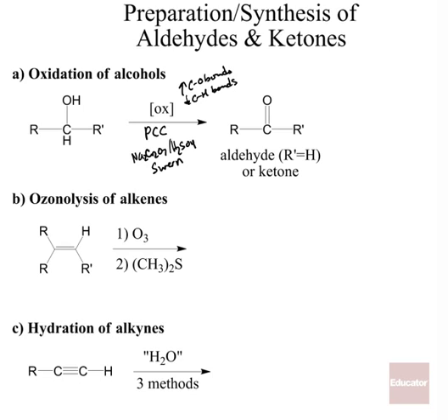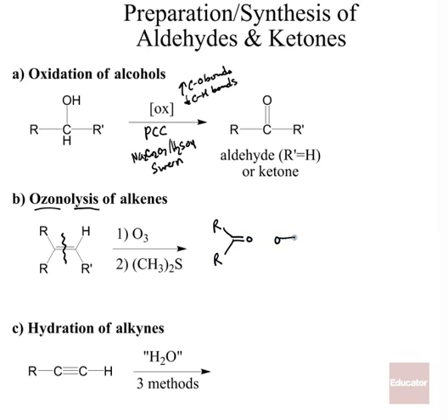Another reaction we saw that gives carbonyl compounds as products is the ozonolysis of alkenes. Ozonolysis means we react an alkene with ozone. It does a lysis; it cleaves the carbon-carbon double bond. And what does it replace the carbon-carbon double bond with? It replaces it with a carbon-oxygen double bond, a carbonyl.